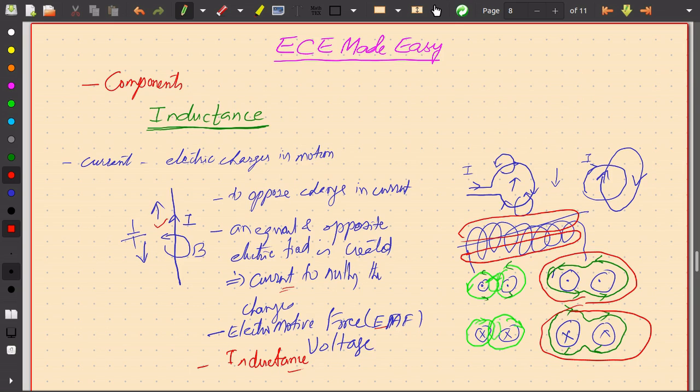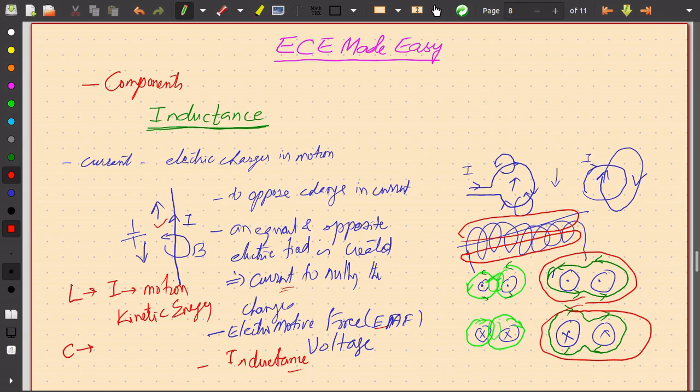Now how do you connect with the other components? The whole effect is visible only when there is current. When there is no current, nothing like inductance is visible, and hence inductance has to do something with current, current has to do something with motion, and motion means you are talking about kinetic energy.